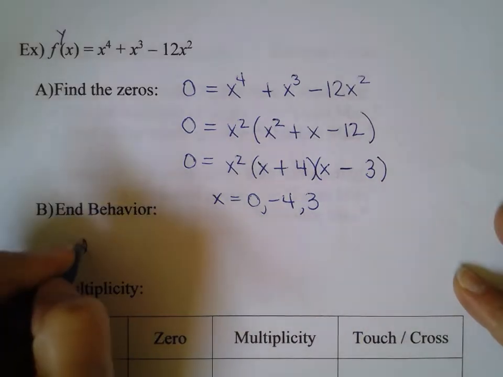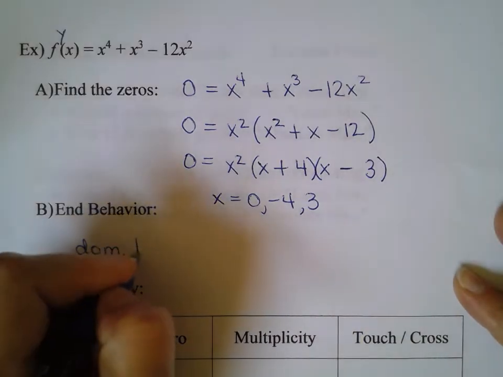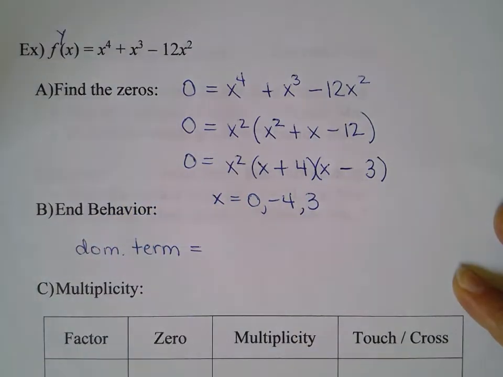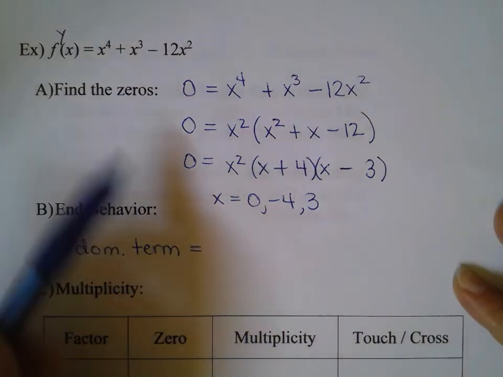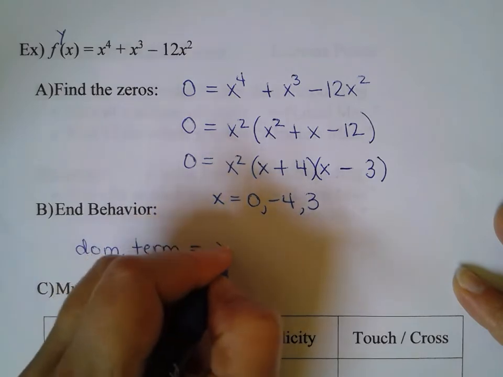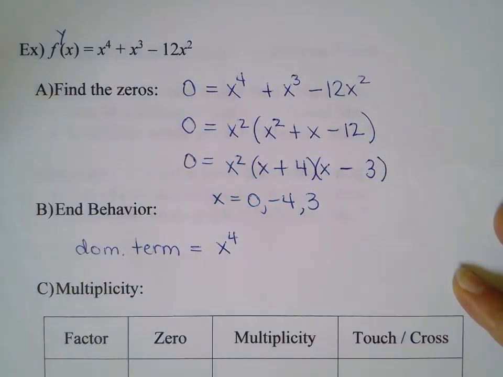Okay. Then we can talk about the end behavior. So what is our dominating term? Just like in the last example, we said it's the term with the highest degree. So this time that's x to the fourth.